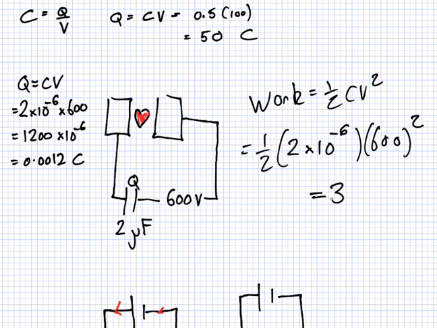It should be pretty big. 360,000, including even the 10 to the minus 6? Sorry, yeah. 0.36. Okay, that doesn't sound like so much. It's 0.36 joules. So that's how much work the capacitor can do.